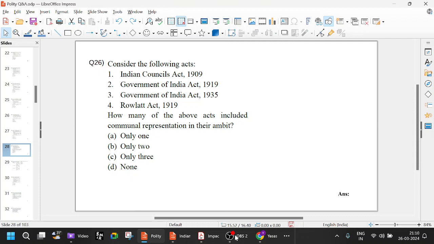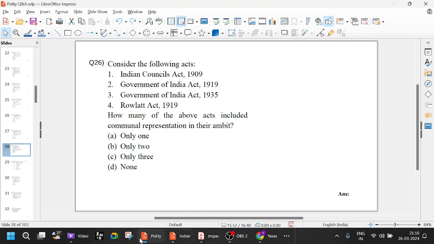The Jallianwala Bagh massacre happened as a protest to the Rowlatt Act. Because of the Rowlatt Act, people came there to protest, and the Jallianwala Bagh incident followed. And later on, in 1920, you also have the non-cooperation movement. All those are very important points.